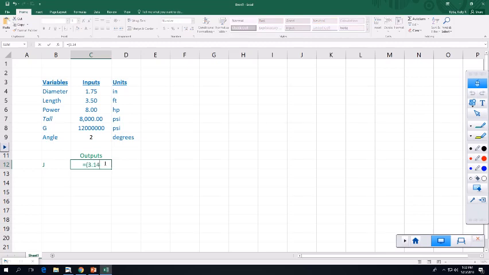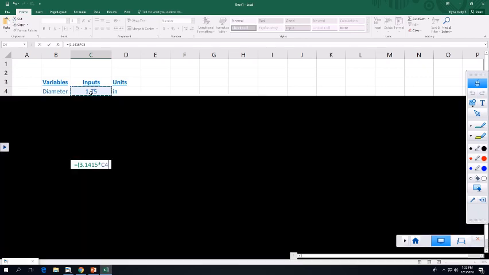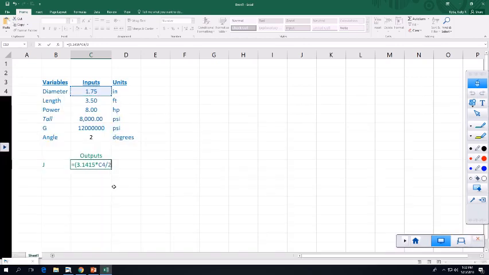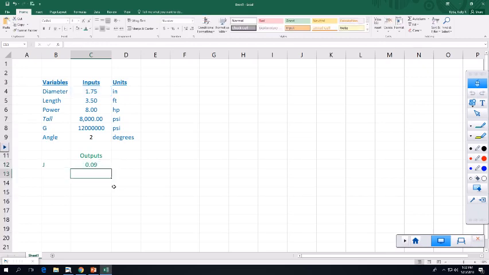So 3.1415 times, oopsie, totally doing the wrong one. Times, this is my diameter, so I'm going to click up on the 1.75 divided by 2, parentheses, divided by 32. Enter.